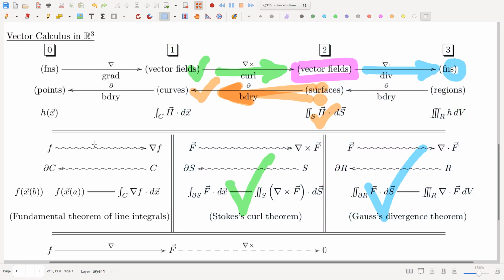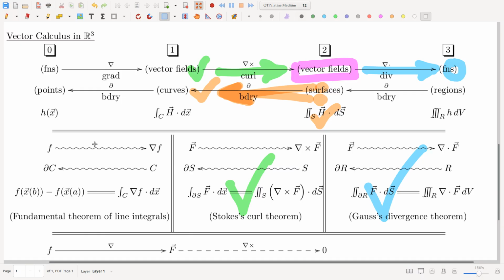But maybe surface-independent vector fields, maybe I can create them as curls. Maybe all curls of something. Maybe curls are always surface-independent. And maybe Stokes' theorem will help me prove that. And maybe divergence of such vector fields will always be 0. And maybe Gauss's divergence theorem will be the way we will prove that.